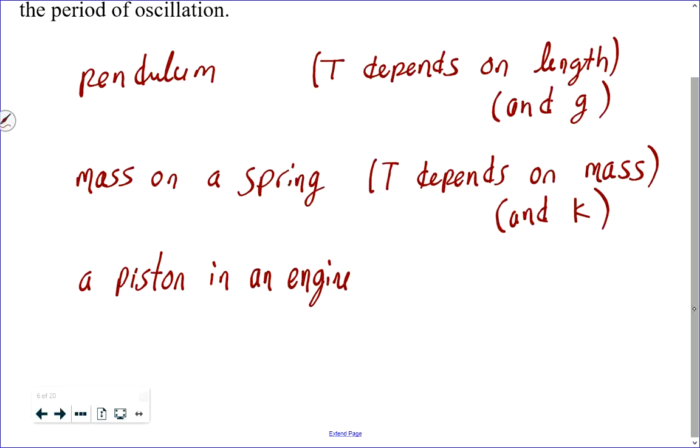So, you could be talking here about the period being, well, the period is the time. So this is good. If the piston goes back and forth, say 1,000 times per second, that 1,000 times per second, I guess it's not too early to say this, is a frequency, isn't it?